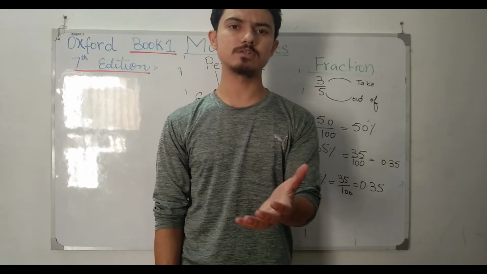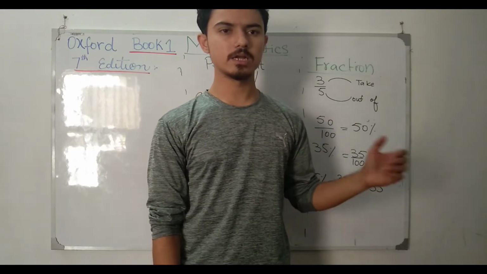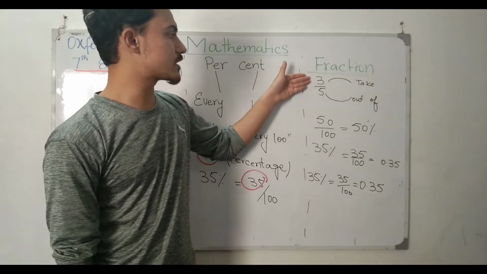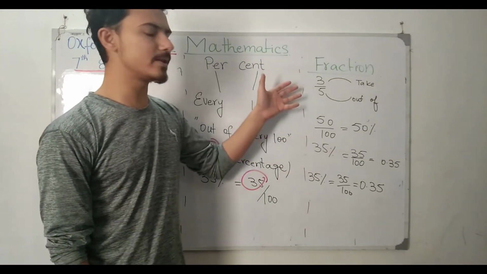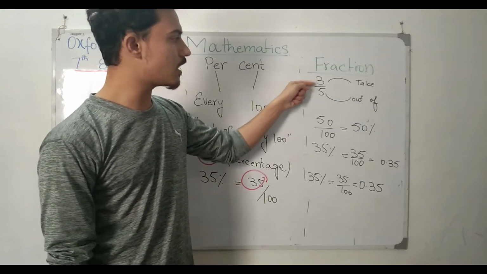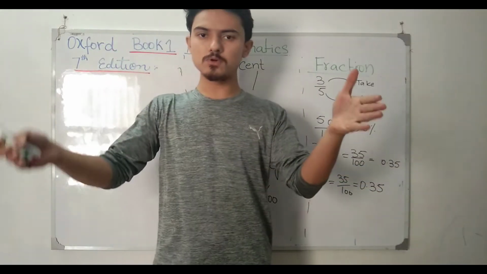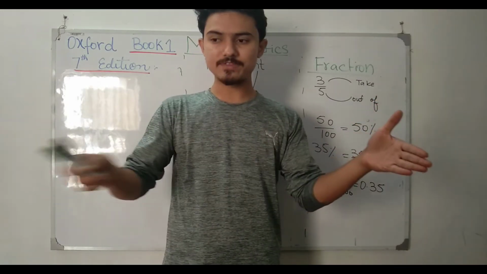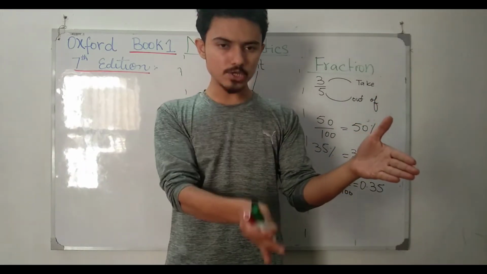What is a fraction actually? It's what we normally write in our daily life, this out of this. Suppose I write a fraction 3 over 5. What is the meaning of this 3 over 5? The meaning is you are going to take 3 parts out of 5 parts. Suppose you have a wooden rack of length 5 centimeters. You just take 3 of them.